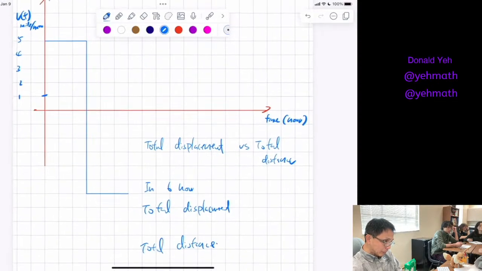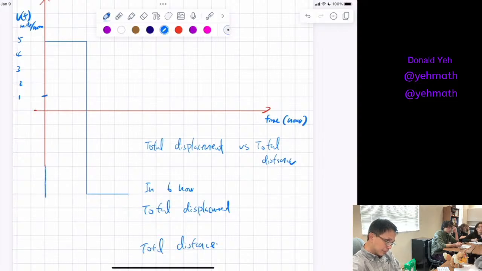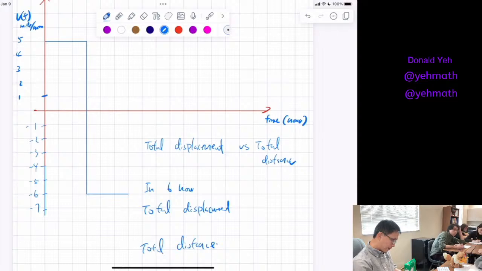When you go down, I think it's negative 6. Okay, 1, 2, 3, 4, 5, 6, 7. What will be the total distance and total displacement? Can somebody tell me that and why? And we can come up with a formula. I know Ethan probably knows.